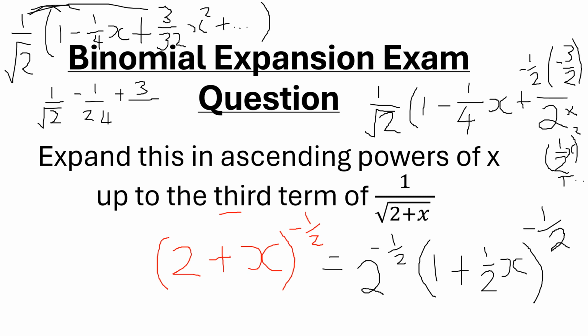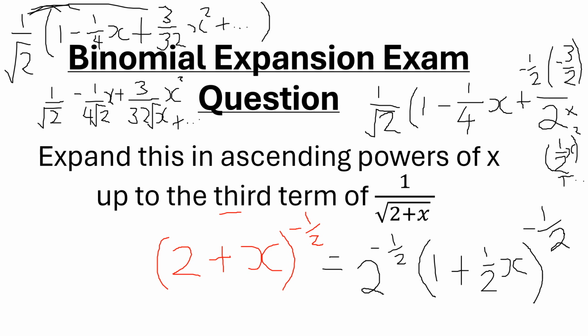Sorry, what am I doing here? Sorry, minus 1 over 4 root 2, there we go, plus 3 over 32 root 2. Not forgetting my x terms, because that's the whole point of the question. So I'm going to have x, and x squared, plus dot dot dot, and that, guys, would be my answer for this question.